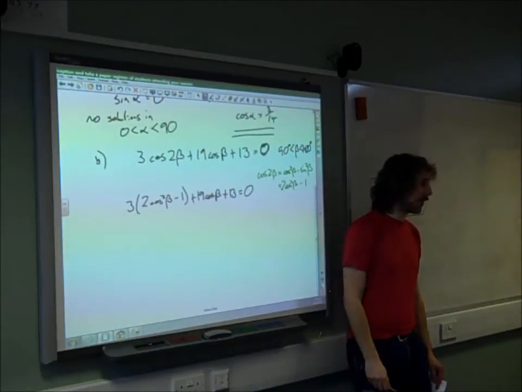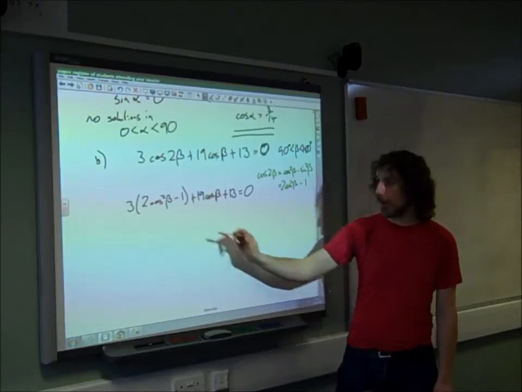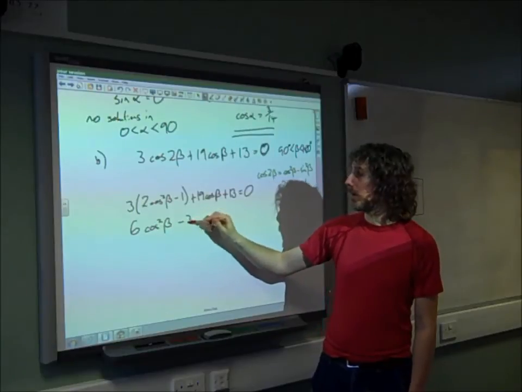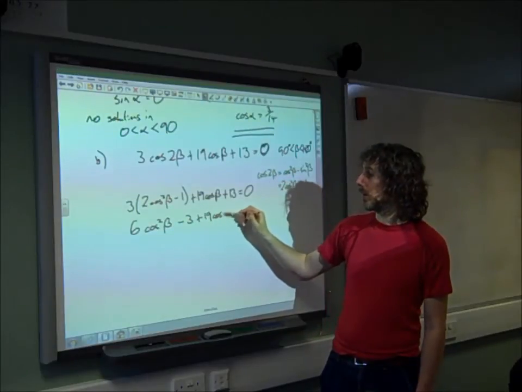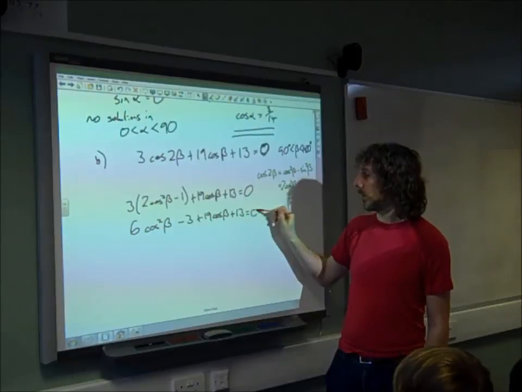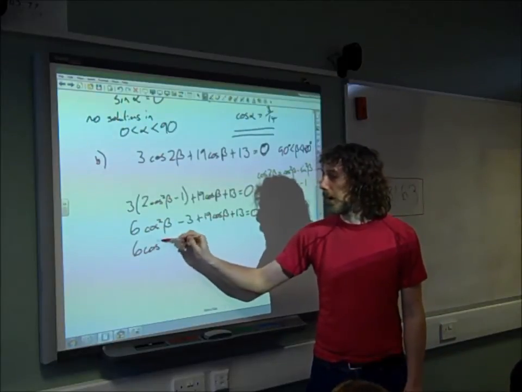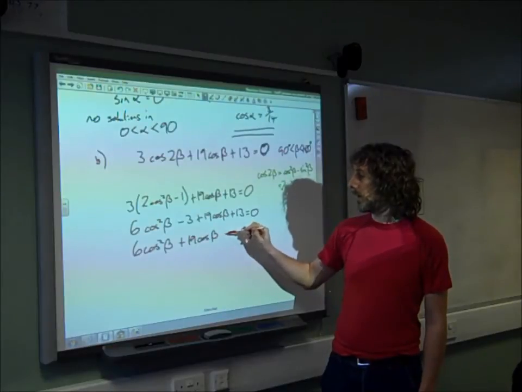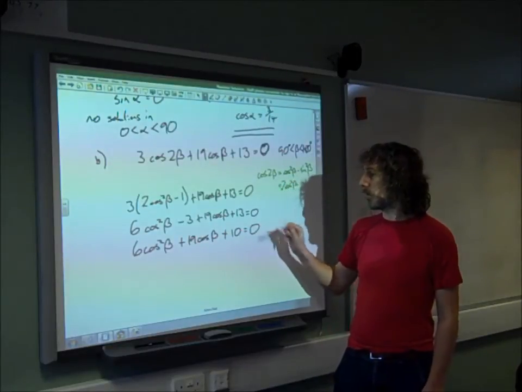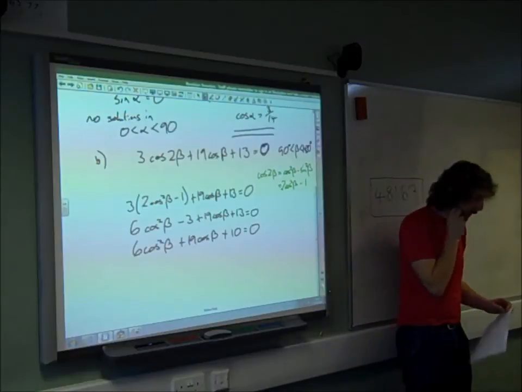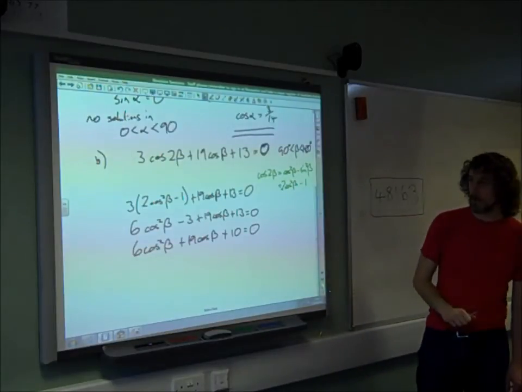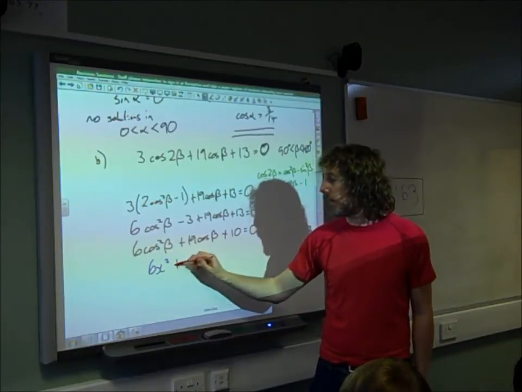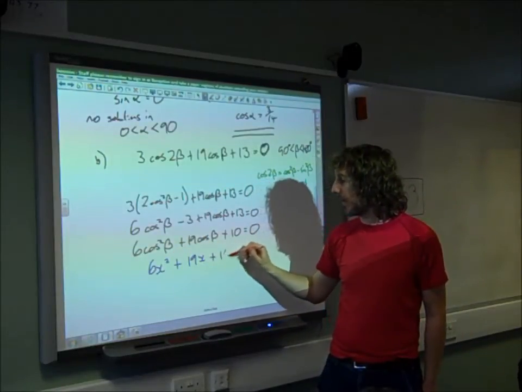This is looking very much like a quadratic equation, which I hope we're going to be able to factorise. Six cos squared beta plus 19 cos beta plus 10 is 0. Now it depends how confident you feel with this stuff. You may want to write this as being 6x squared plus 19x plus 10.